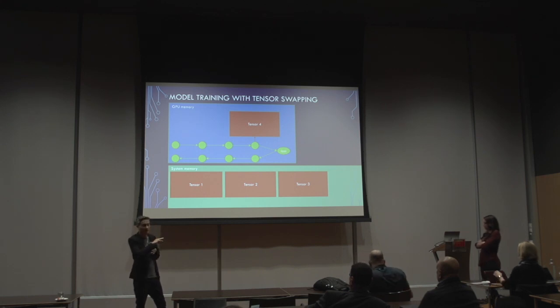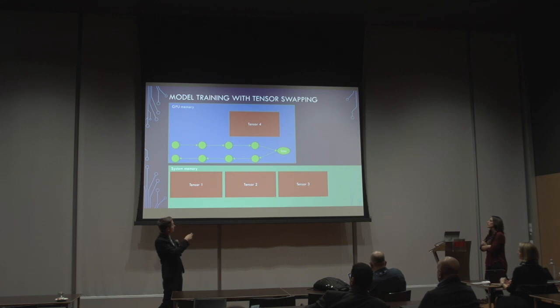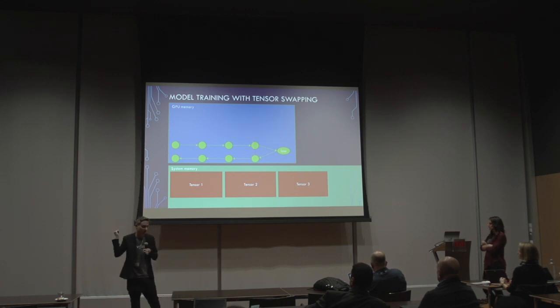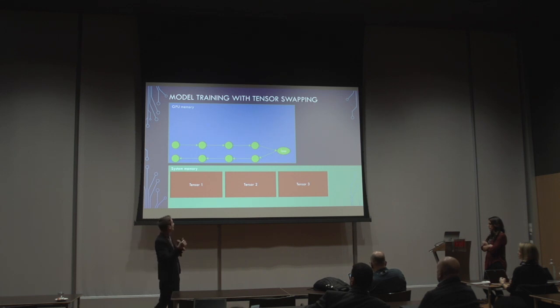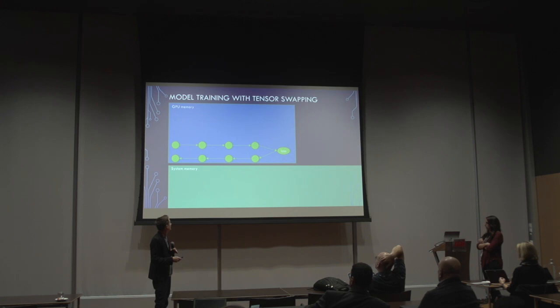We can actually keep that one in GPU memory, because after the loss function is calculated, we're going to need it back anyway for the back propagation phase. So we get to the back propagation, and we can get rid of tensor 4. Now it's garbage collected. Then we swap back in tensor 3, 2, and then 1.